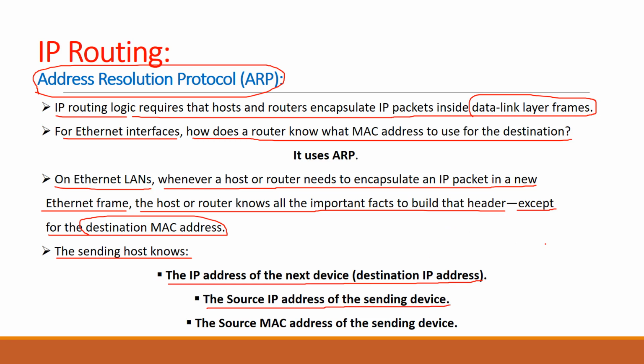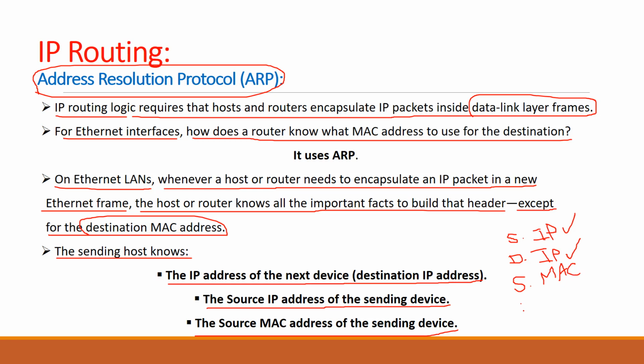When filling the IP packet header, we said we have source IP and destination IP. So the sending host knows this source IP because it's its own IP. And it knows the destination IP because this is the IP address it needs to communicate with. It knows the source MAC of the sending device because it's its own MAC address.